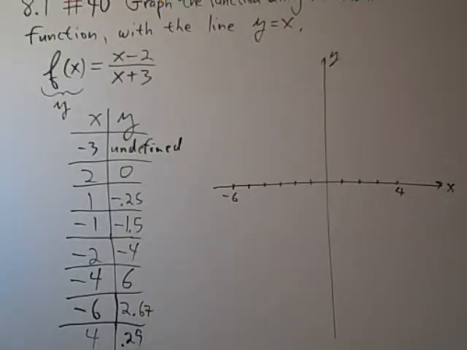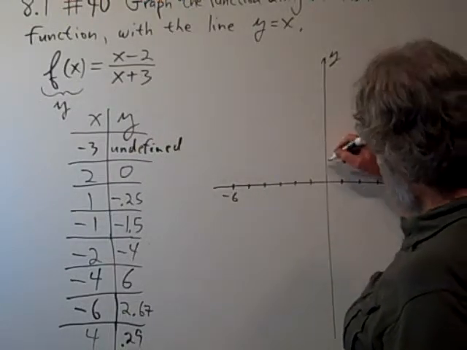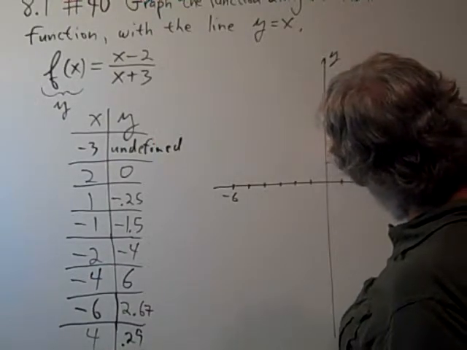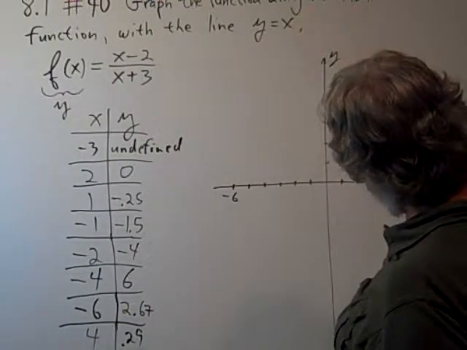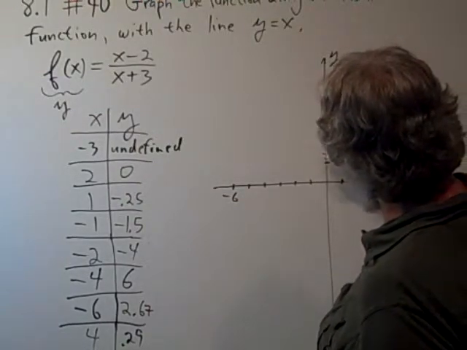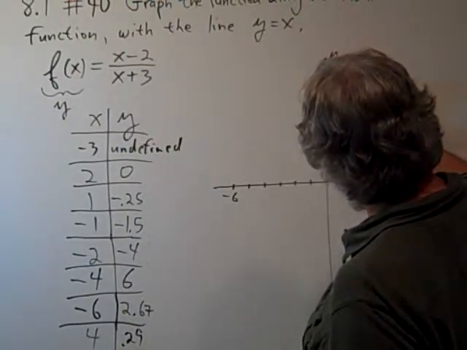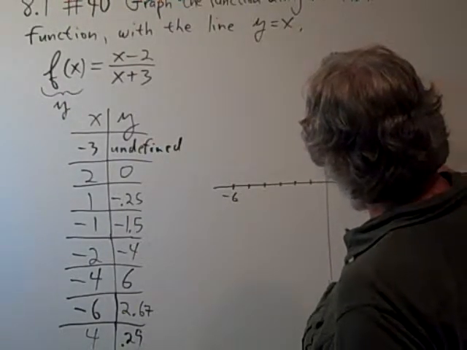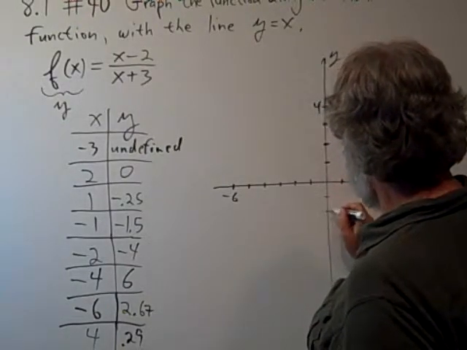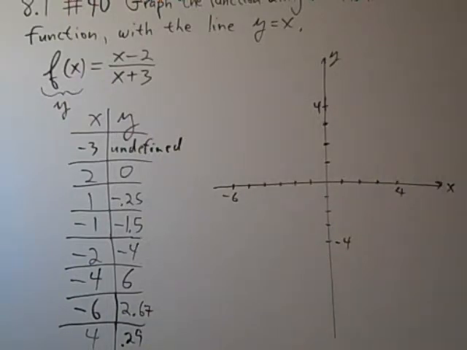And y goes down to negative 4 and not up very high. So let's go up 4 and down 4. I should try to make these scales as much the same as I can. So let me do that a little better here. So down 1, 2, 3, there's negative 4.